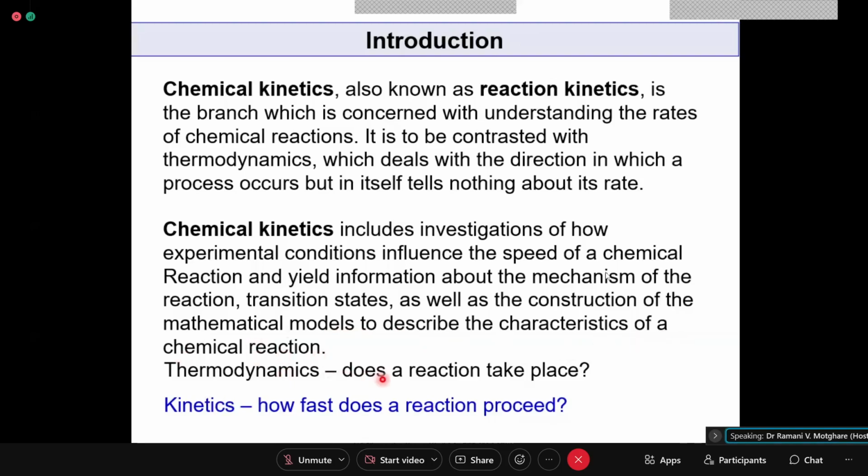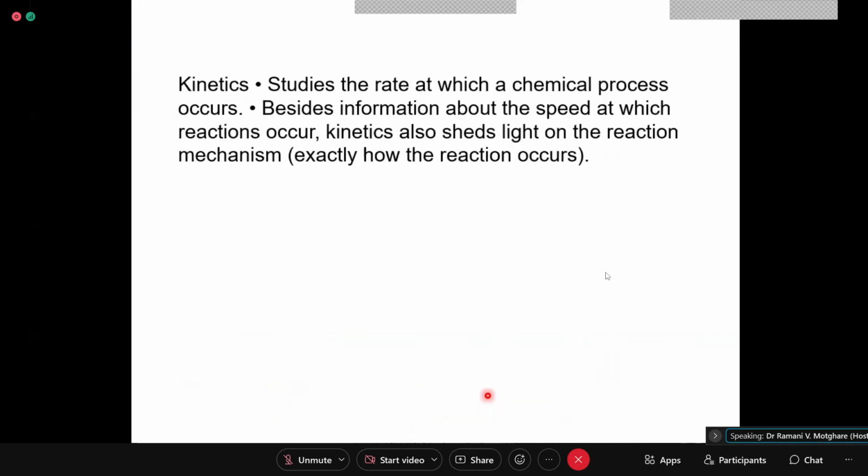Whether a reaction takes place, the feasibility of the reaction, will be told by thermodynamics. But how slow or how fast, whether one step is fast and the rest are slow, or one is slow and the rest are fast, is told by kinetics.